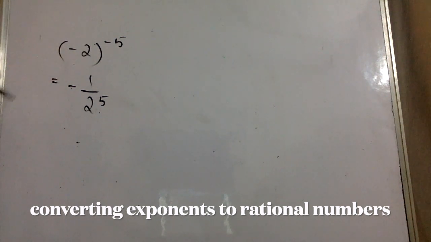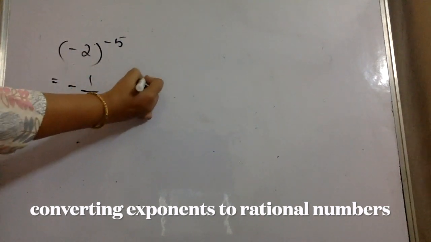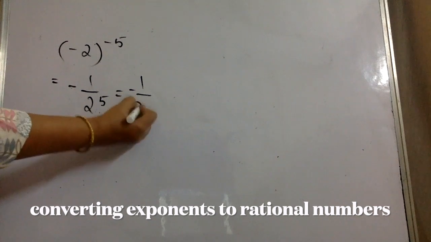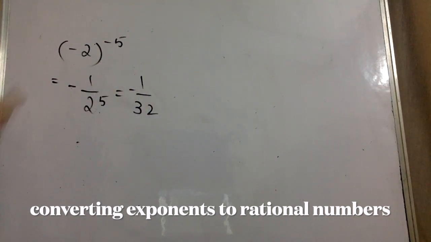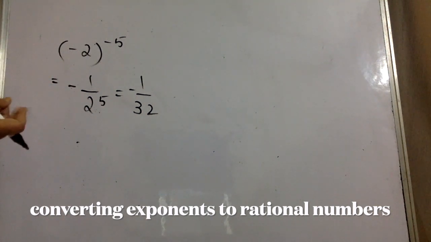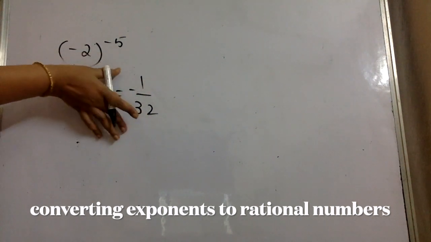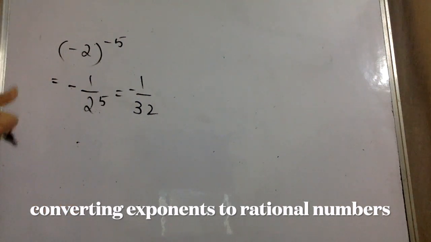I have used that rule, okay, and that comes to minus 1 by 32, because 2 to the power 5 you can calculate and see, that is 2 into 2, 4, 4 into 2 is 8, 8 into 2 is 16, 16 into 2 is 32. So 2 to the power 5 is 32. So this is my final rational number that they had asked for, with the minus sign, of course.